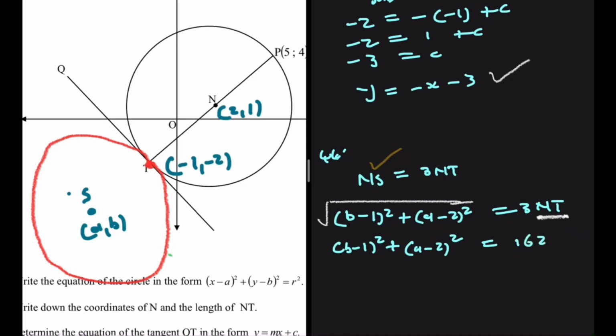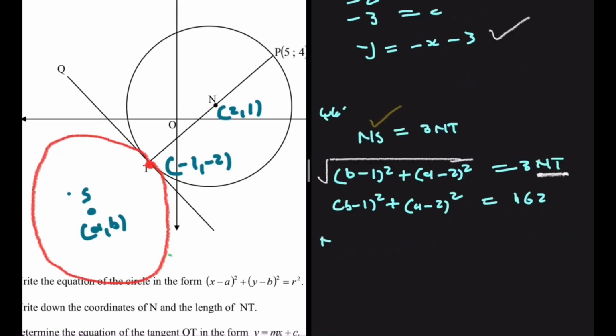We have 162. We know that NT is perpendicular to QT, and then we also know that QT is perpendicular to ST. So that tells us that the gradient of ST will also be equals to 1.